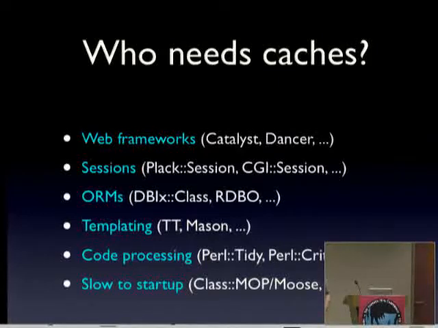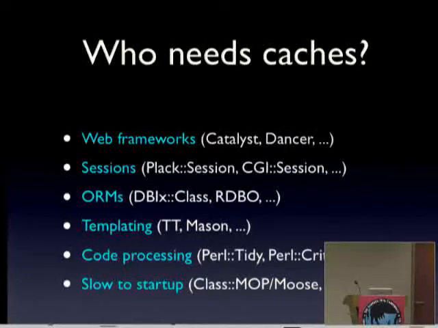ORMs, like DBIx::Class, Rose::DB::Object, obviously can use this. When you want to fetch rows again and again from the database, you might want to cache them so you don't have to keep fetching them from the database. Templating, both Template Toolkit and Mason have some version of caching going on so that if you're going to render the same template again, you shouldn't have to do the work. And then I started getting into even more and more obscure areas. Like I'm writing a code processing module, which I'll be giving a small talk on later in the lightning talks, that does Perl::Tidy and Perl::Critic and a bunch of other things over a whole code base.